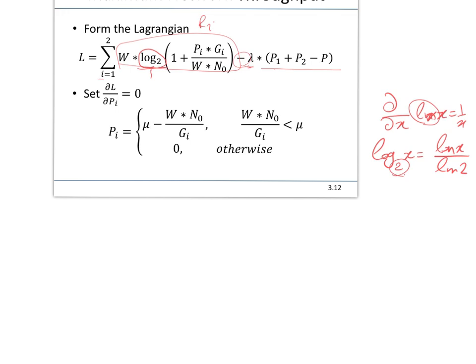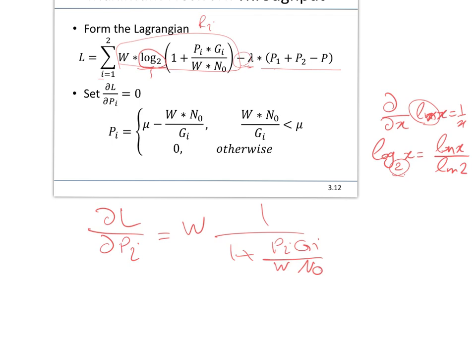So the derivative of L with respect to Pi equals first W, doesn't matter, and then 1 over 1 plus Pi Gi divided by W n0, right?